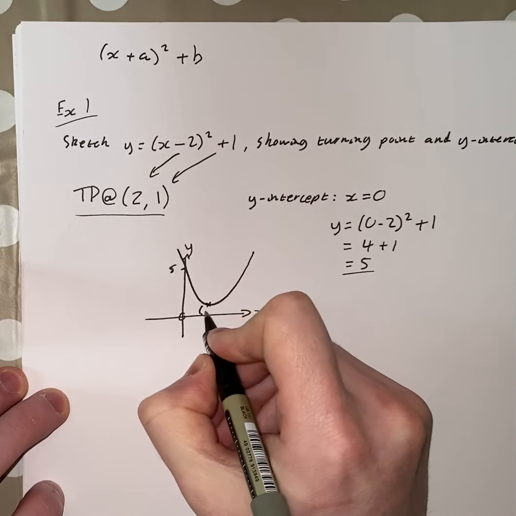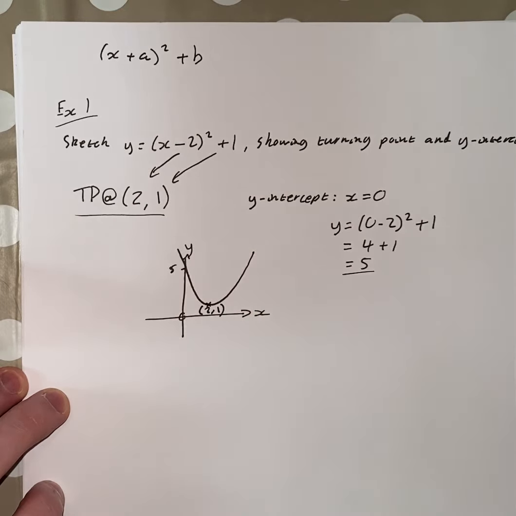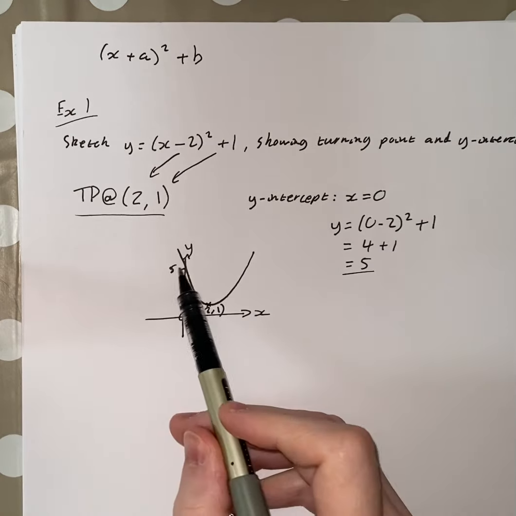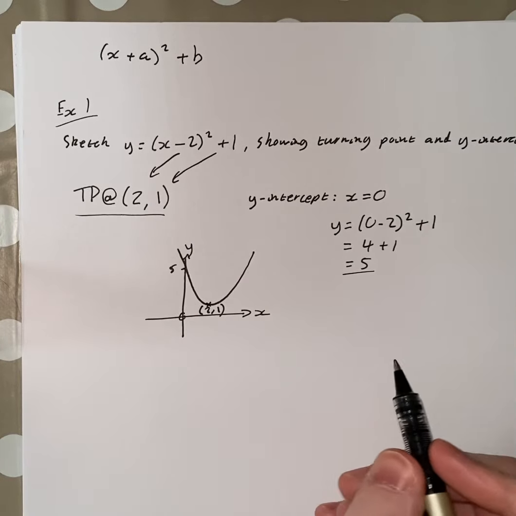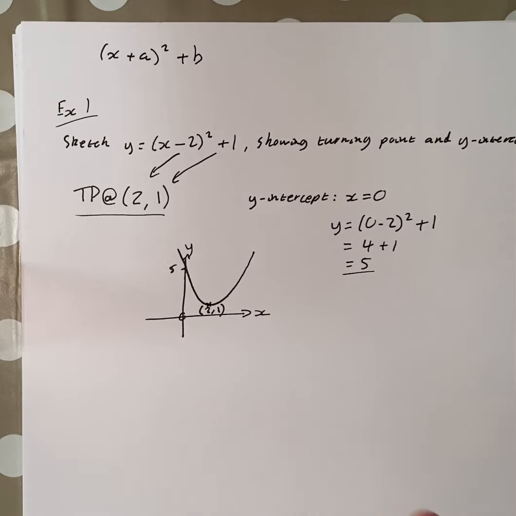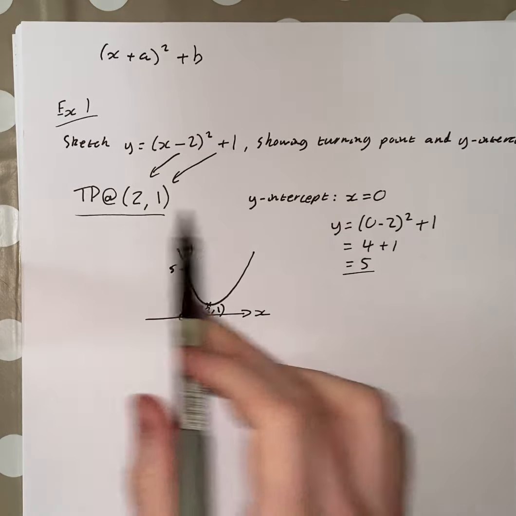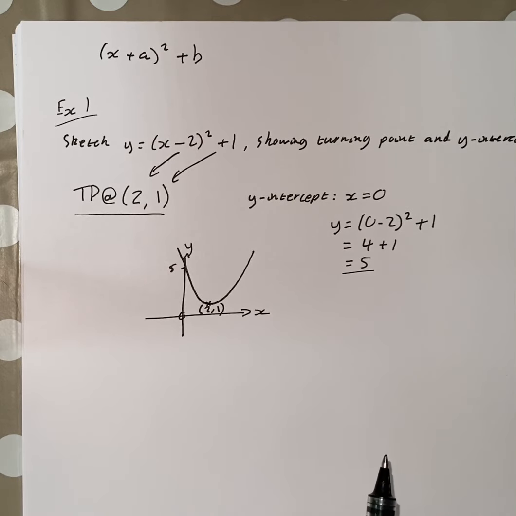It is always worth noting your turning point's coordinates next to it as well. Because you're asked for these two points, you need to make sure that you have marked them clearly on your diagram. And you can see there, we've got a parabola like we got from plotting all the points out, but we've had to do significantly less work in order to get it.